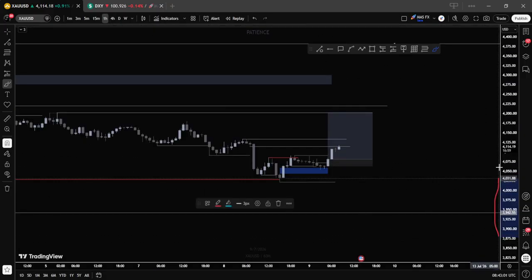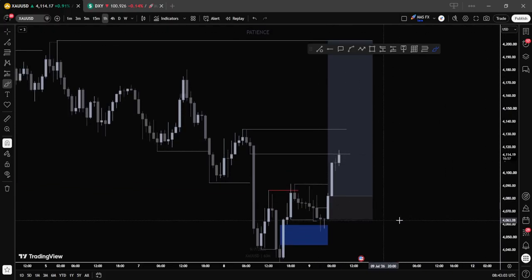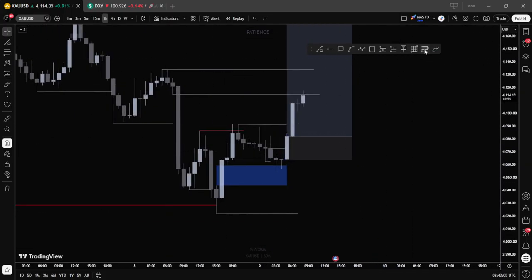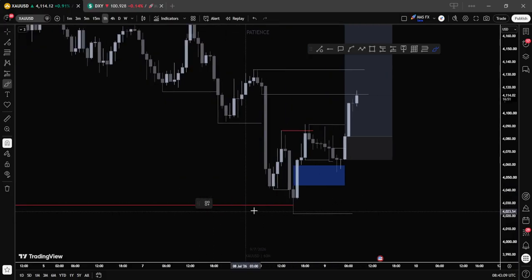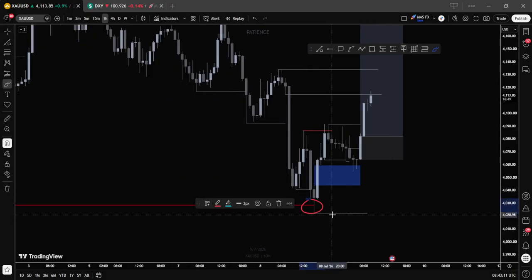On the 1 hour time frame, we had a market structure shift after the liquidity sweep of the old low. So after we swept liquidity of the old low, price gave a reaction. We came to sweep liquidity above this high, right? And that gave us a reaction to the fair value gap.